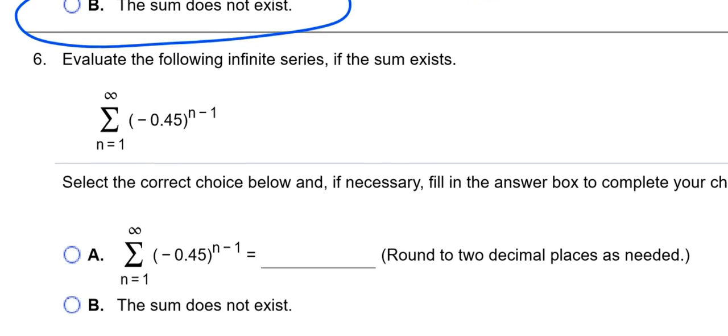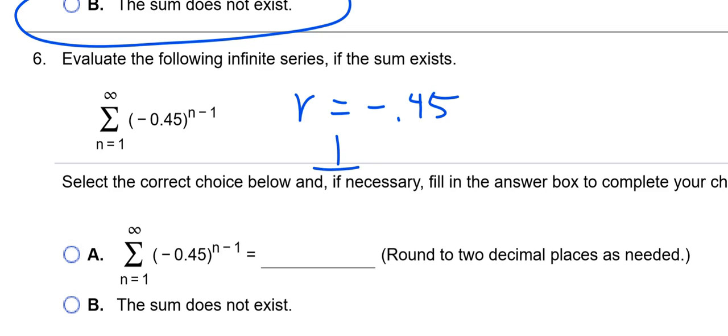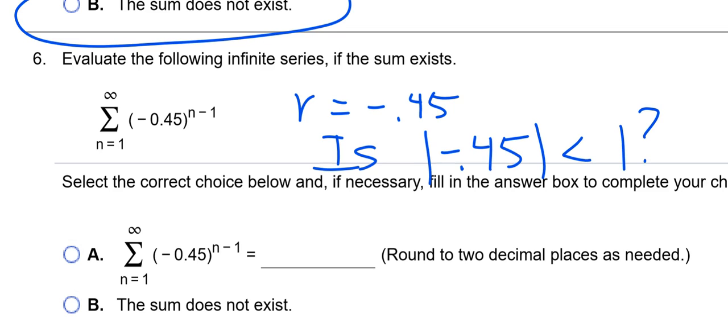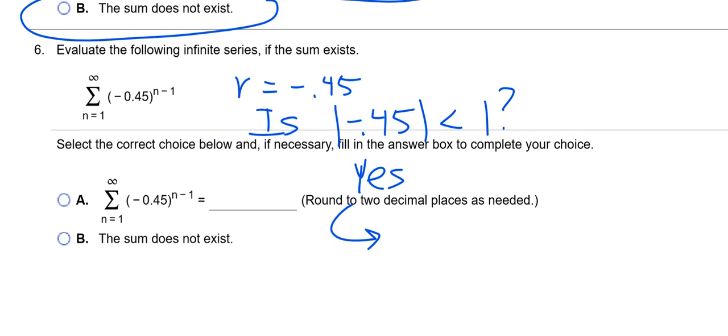Okay. What's the multiplier? Negative 0.45. Is the absolute value of negative 0.45 smaller than 1, yes or no? Yeah. Therefore, we use the formula. All right, the formula says the sum of the infinite terms. You're supposed to take notes.